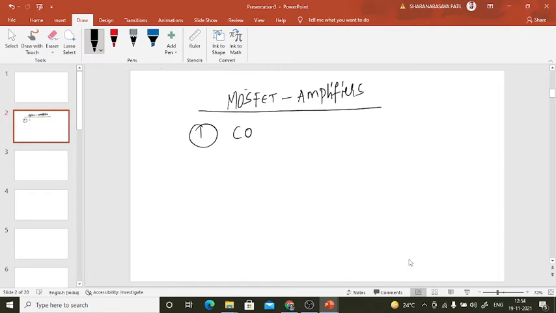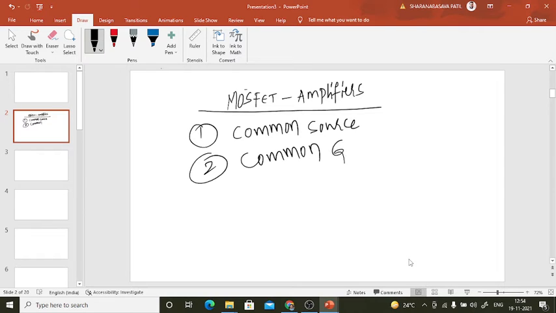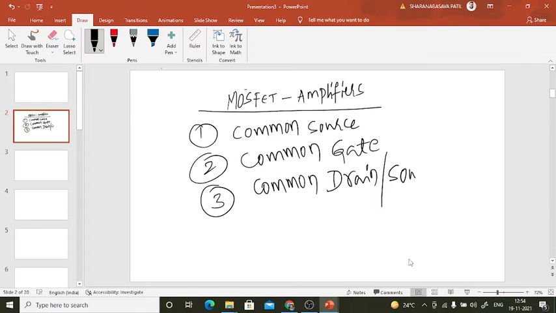One is common source, second one is common gate, third one is common drain, also we call it as source follower.